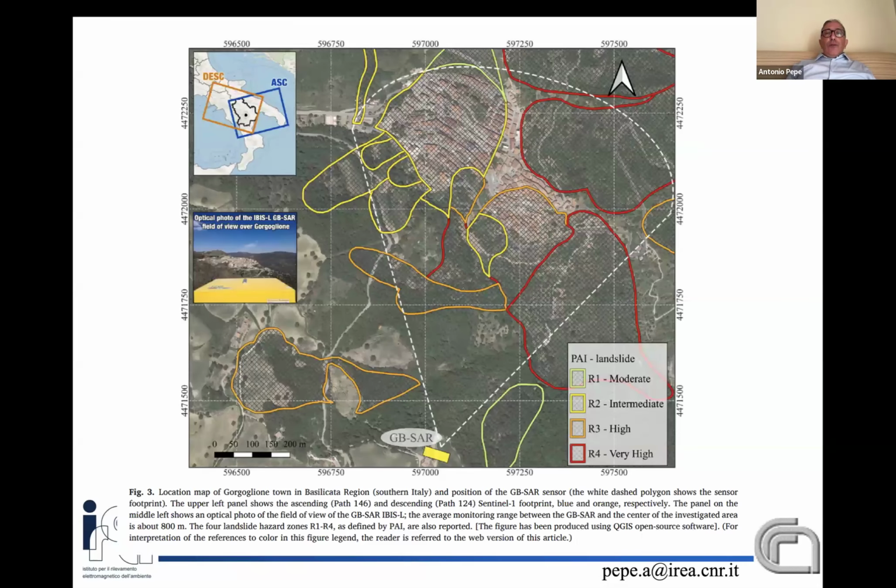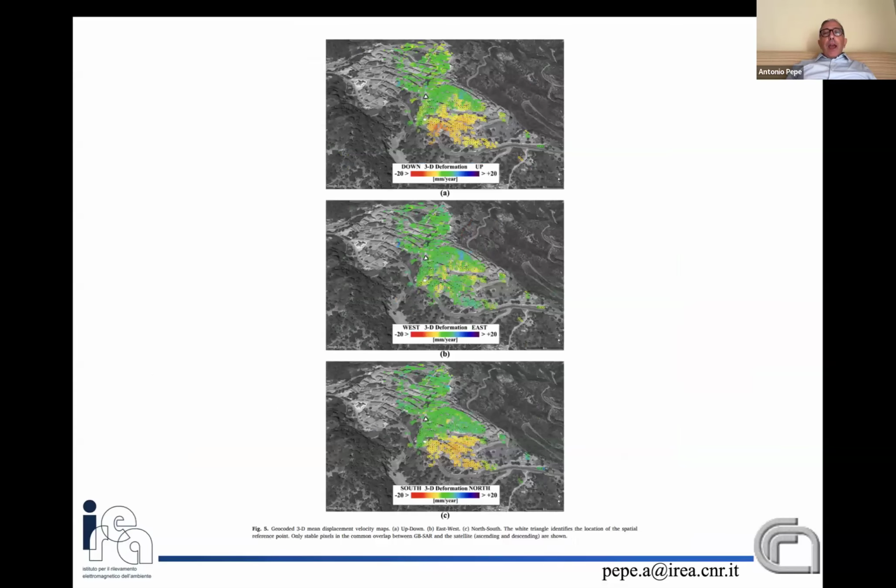This is the location where the method was applied, and these are the maps we obtained. In particular, these are directly the three components of the deformation. So we have the up-down deformation, the east-west deformation, and the north-south deformation.